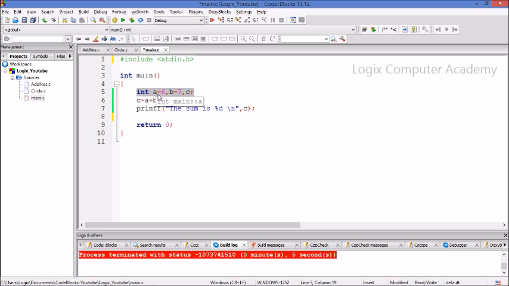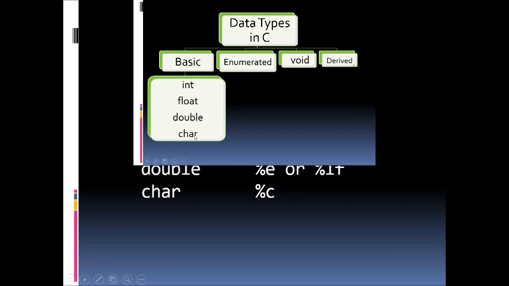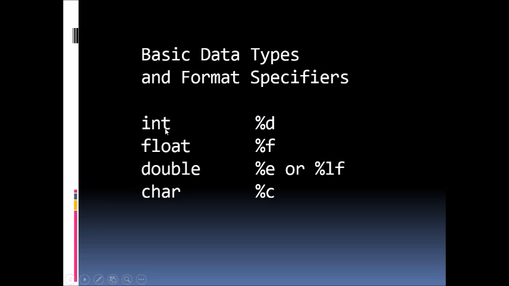Let's see which are the data types that we will use when we write programs. Basically, there are 4 data types in C: int, float, double, and char. These data types have format specifiers.